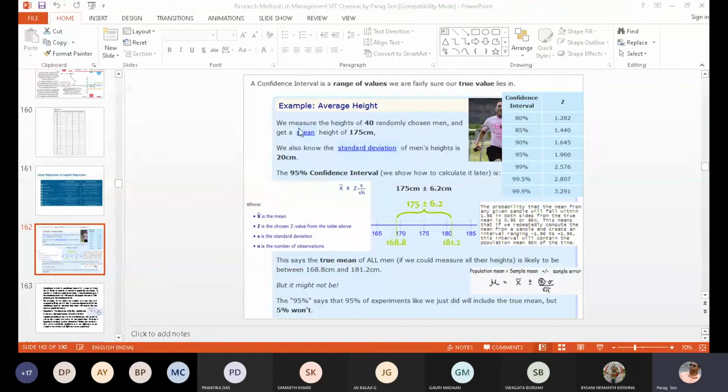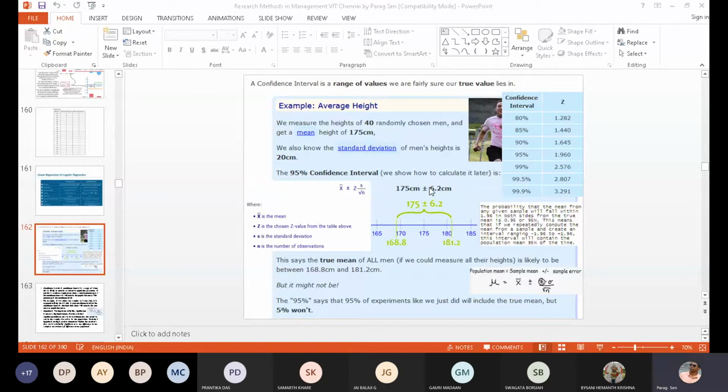You have already got the mean of 175 centimeters. You put it plus or minus 6.2 centimeters, which is actually the sampling error.